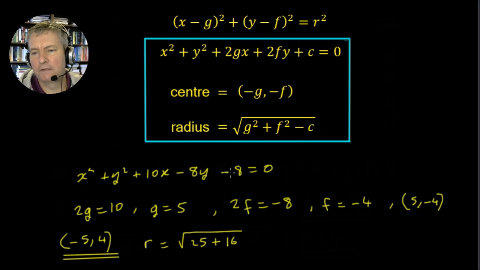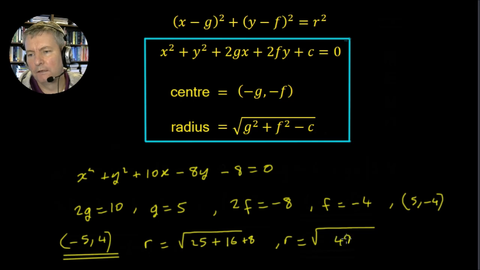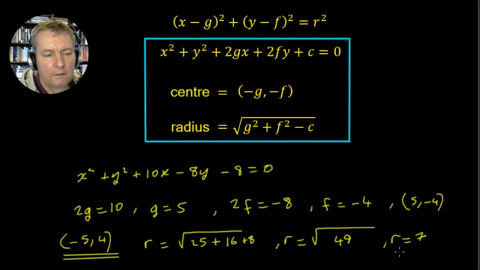Well, c is minus 8, so minus c is plus 8. So the radius r is going to be equal to the root of 25 plus 16 plus 8, which is 49. So the root of 49, so r is equal to 7.